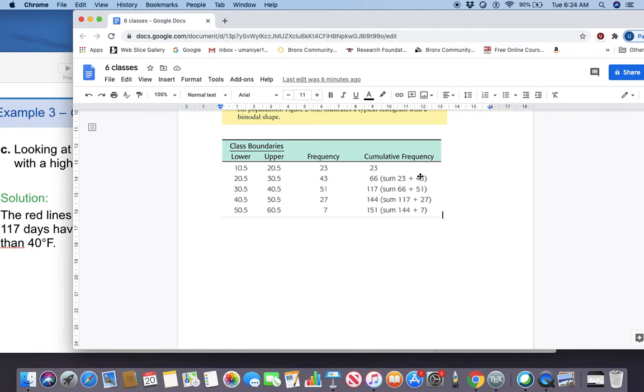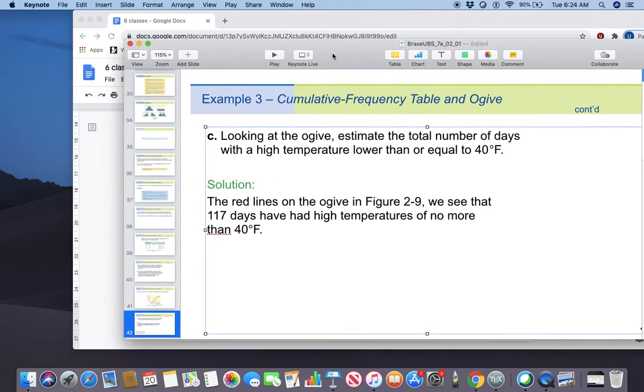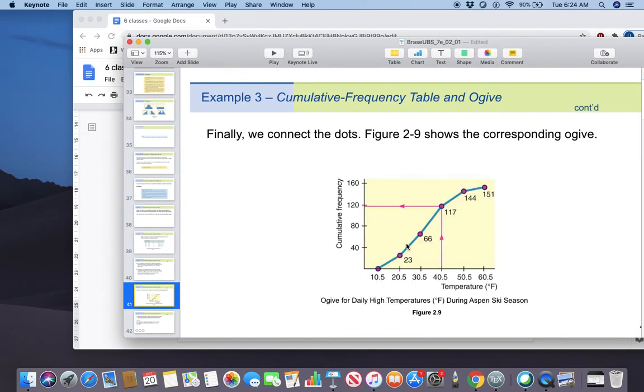Take 43, add the previous 23, that gives you the new cumulative frequency. Take 51, add the previous cumulative frequency, and so on. Cumulative frequency helps you draw an ogive. You start at height 0, and for each class, that's where the cumulative frequency is plotted.